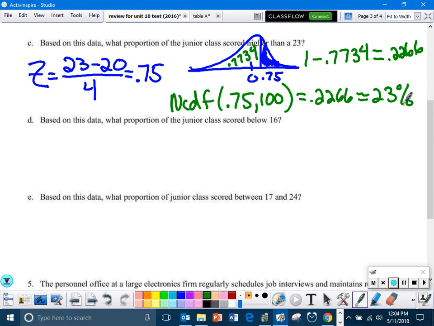So about 23% of the junior class scored more than 23. B, how about scored below 16? Ooh, that would not be good. So the z-score for that one is -1.